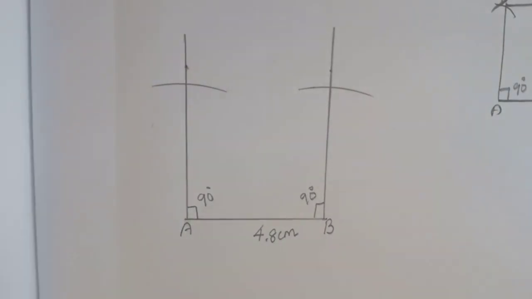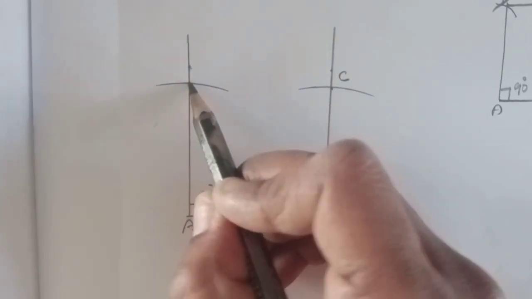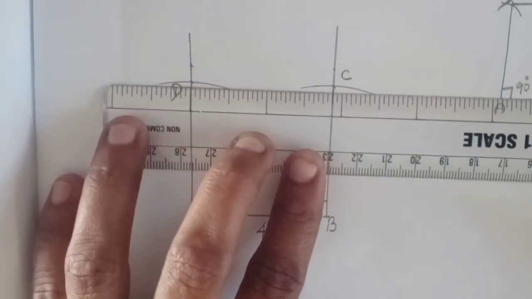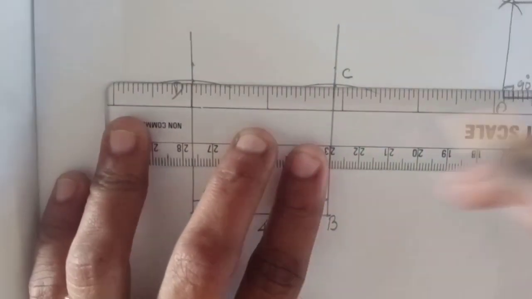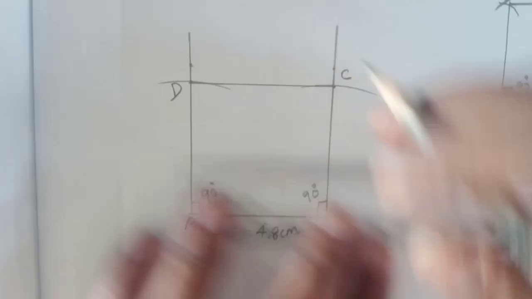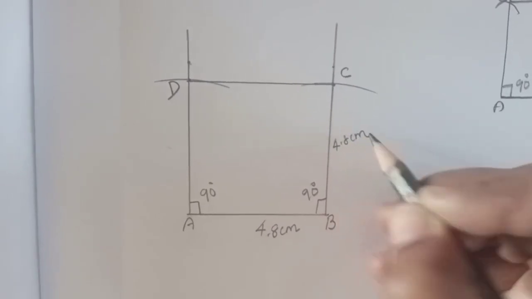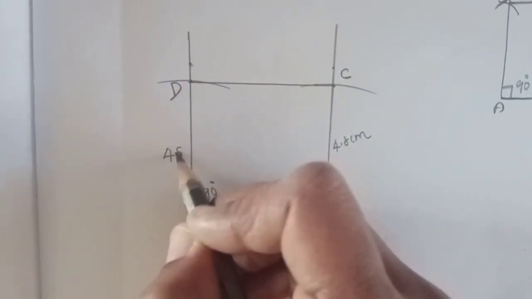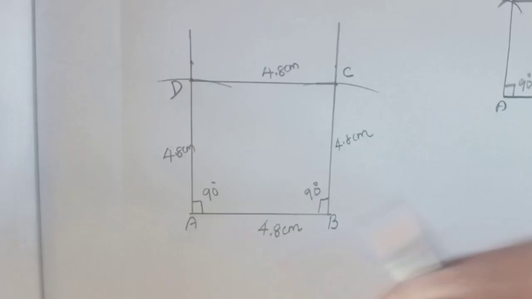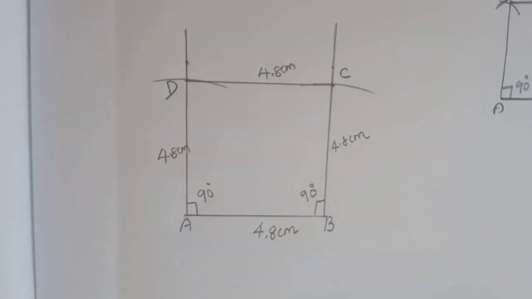Mark the points C and this is D. Then join CD. So all sides are 4.8 centimeter and all angles are 90 degree. So ABCD is the required square.